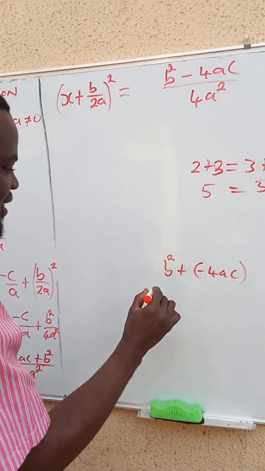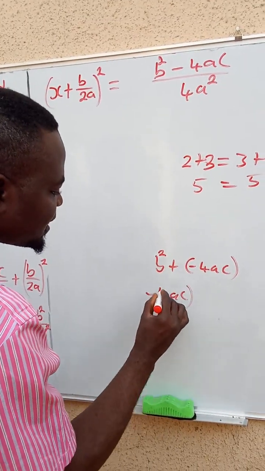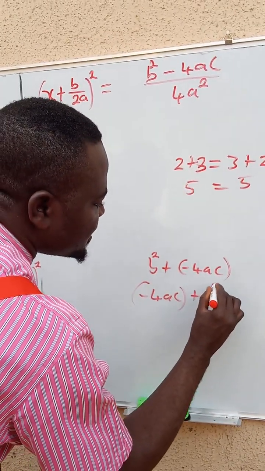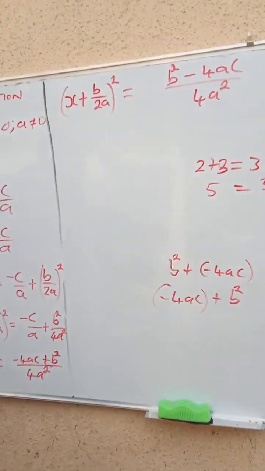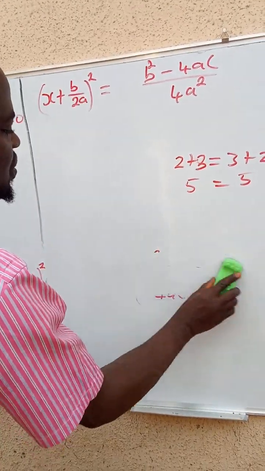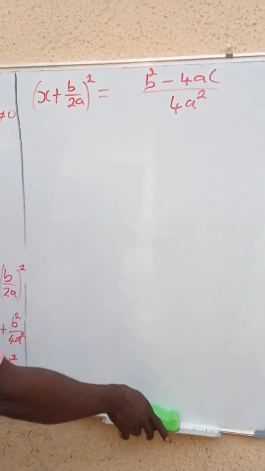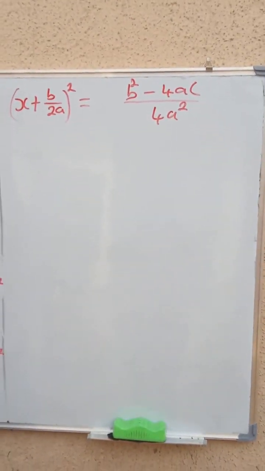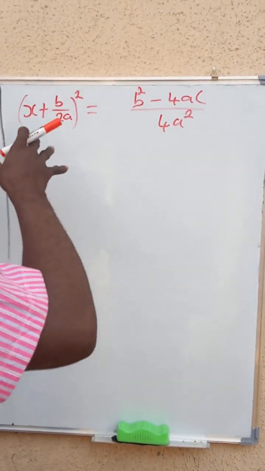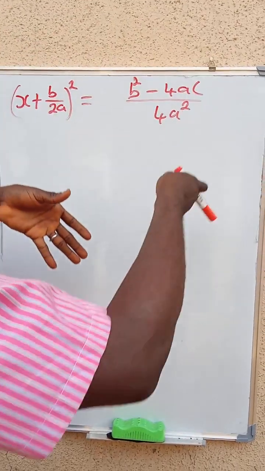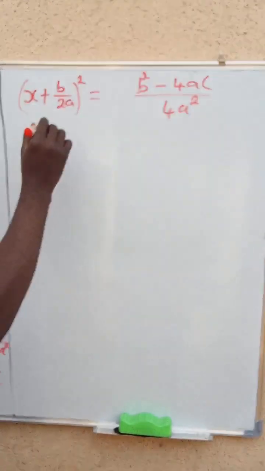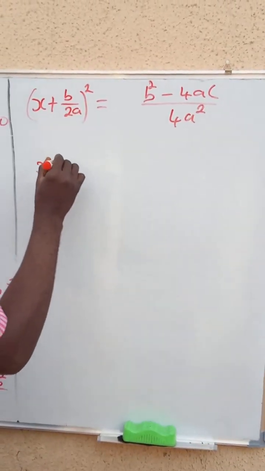So I can still bring it like this: minus 4ac plus b squared is the same thing. So the way you write, since addition is commutative, is okay. Now that is what I have. I just changed their position. Now in this case, I'll take the square root of both sides. Now to take the square root of both sides is like this.